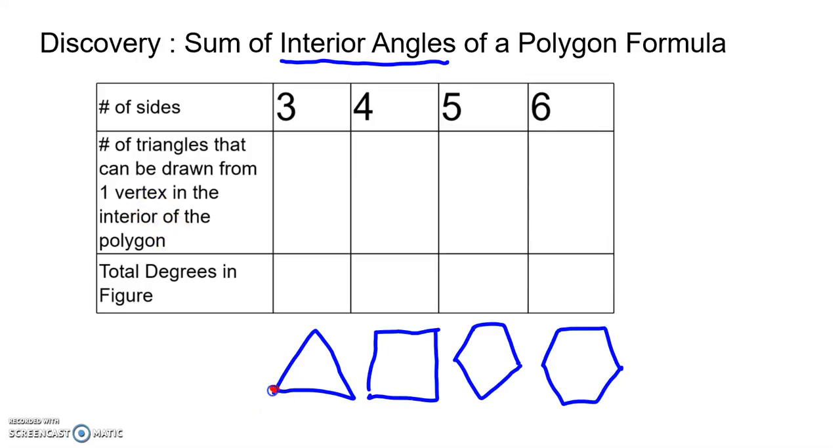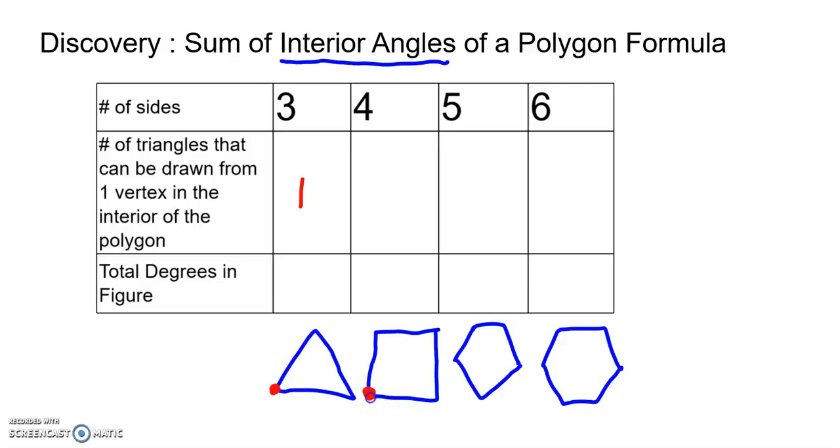If I put my pen on a vertex, am I able to draw any diagonals in this triangle? And the definition of a diagonal has to be from a vertex to another vertex. So if I tried to draw a vertex, that already exists and this already exists. So really, how many triangles can be drawn? Well, no more, but we do have one initially. So only one triangle in a 3-sided figure.